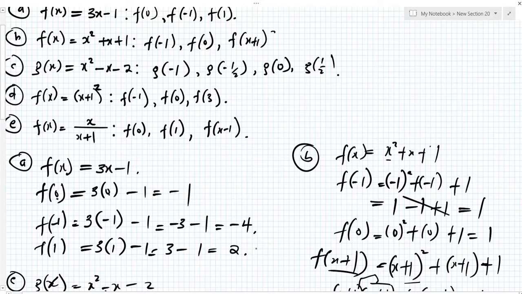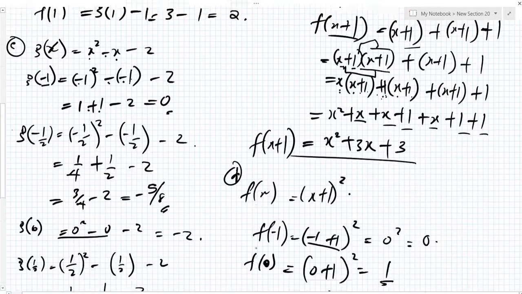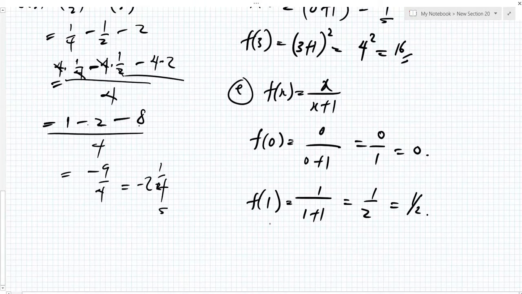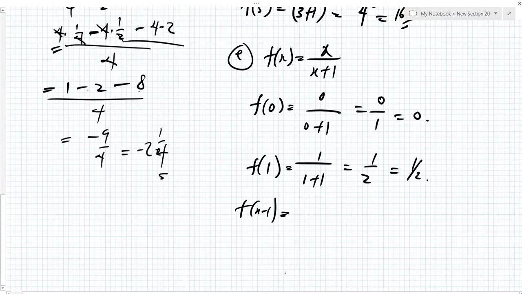The next one is, we're looking for f of x minus 1. Now wherever I see x, I replace it with x minus 1. So there is x up here, so it will be x minus 1.